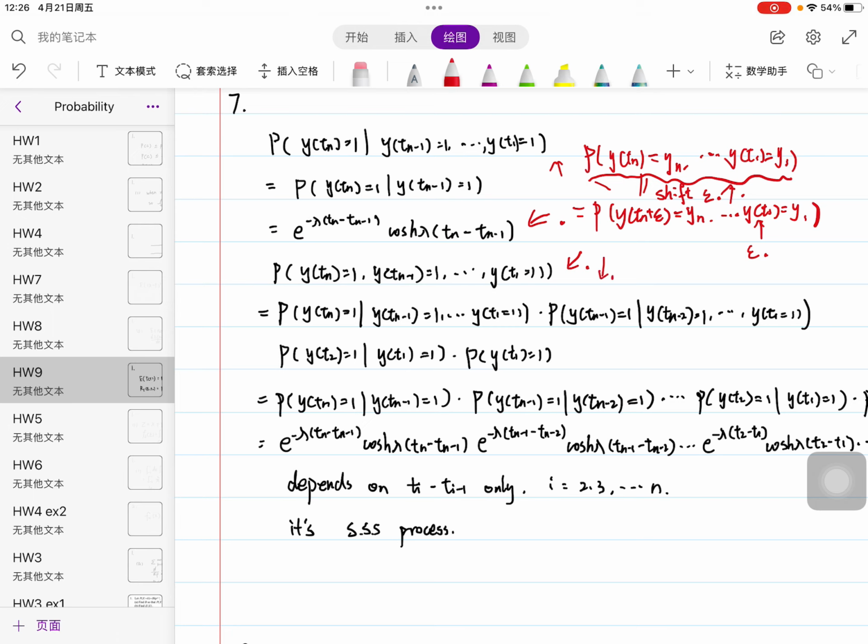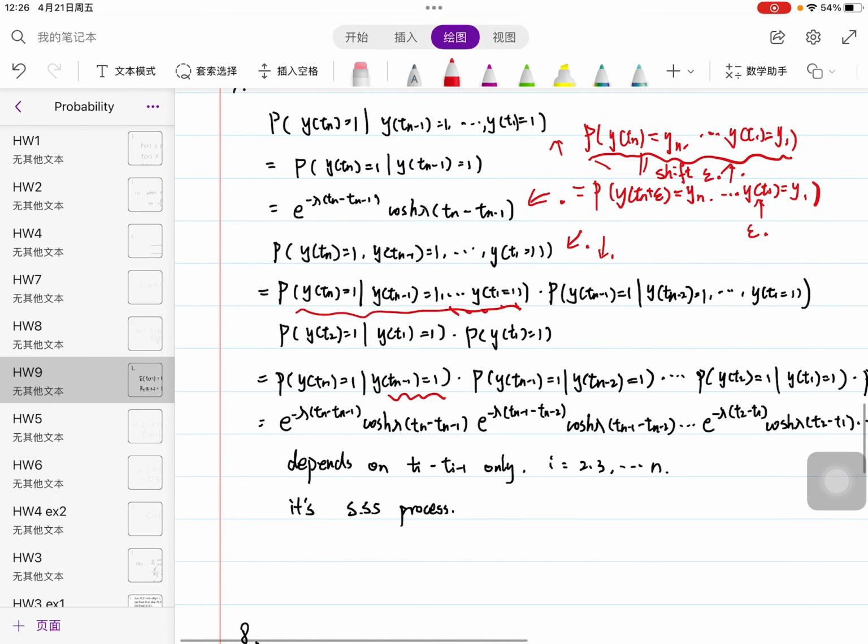And since they are all Markov processes, we could ignore the past terms. That is why, for the first one, we ignore all the t(n minus 2) down to t1 conditions, and we only leave t(n minus 1) here because of the characteristic of Markov.